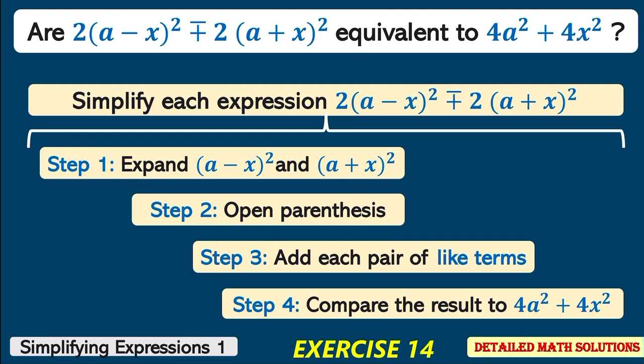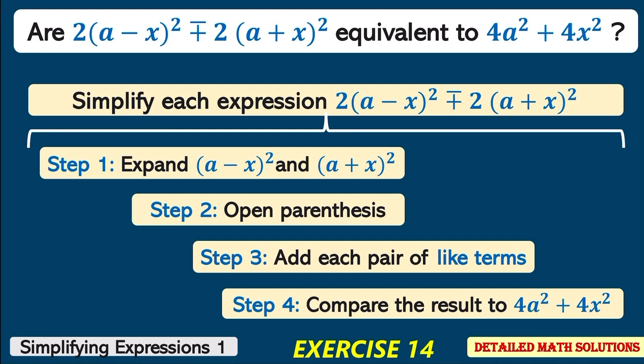The first step is to expand a minus x in parentheses squared and a plus x in parentheses squared. Then I need to open parentheses and multiply 2 by each term within the parentheses. As a third step, I need to add each pair of like terms that have the same variable raised to the same power.